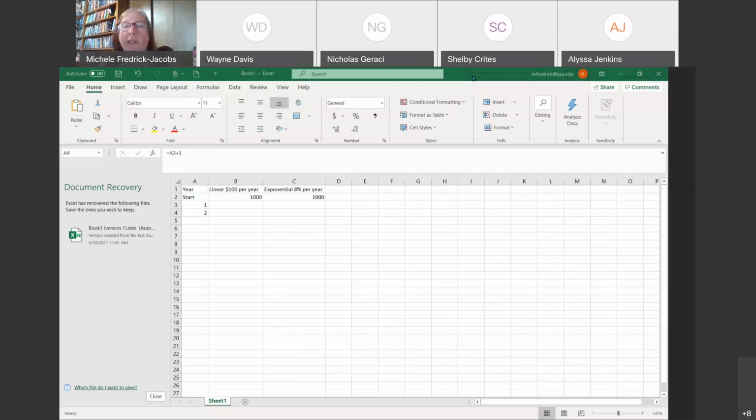What you can do is drag your formula and it will keep changing it for each row. So if I click back on A4 and go to the corner and I go down to, let's see, probably have to go to 14. Yeah, that will get us 12 years, sorry, we were in years.